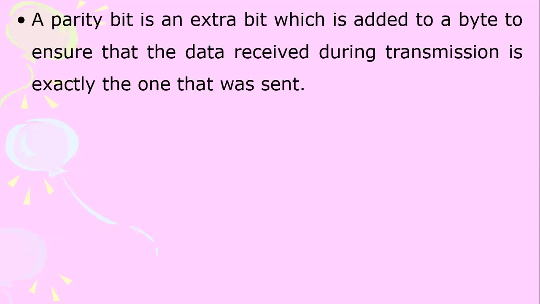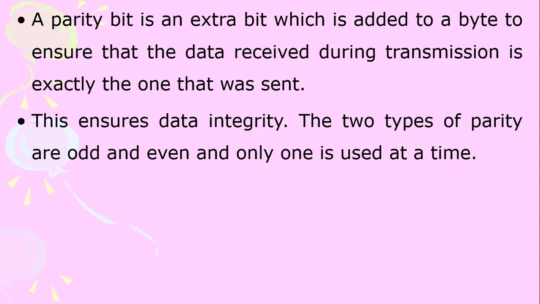A parity bit is an extra bit which is added to a byte to ensure that the data received during transmission is exactly the one that was sent. This ensures data integrity. The two types of parity are therefore odd and even, and only one is used at a time.